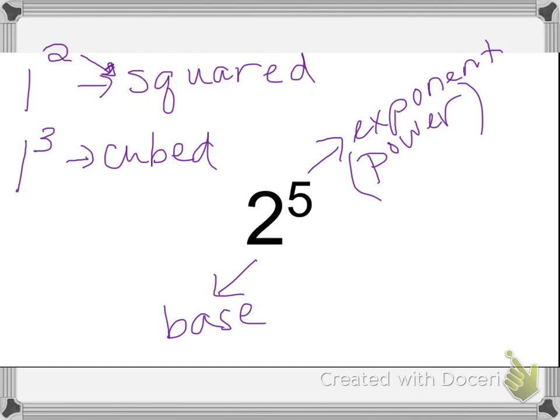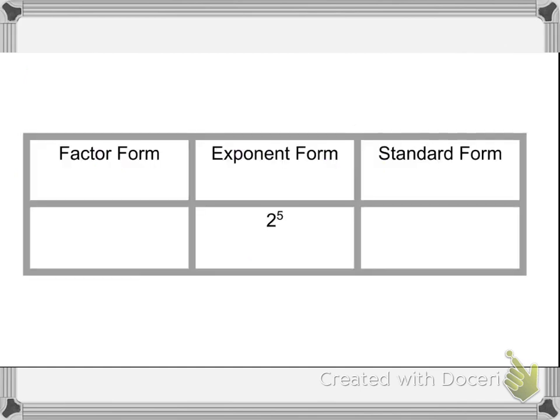So let's look at this example in a couple of different ways. We are going to talk about 3 ways to write a number. We're going to talk about the exponent or exponential form, and that's the number when it has the exponent with it. Makes sense. Factor form is when we take that number and we write it out using all of the factors, all of the numbers that are being multiplied.